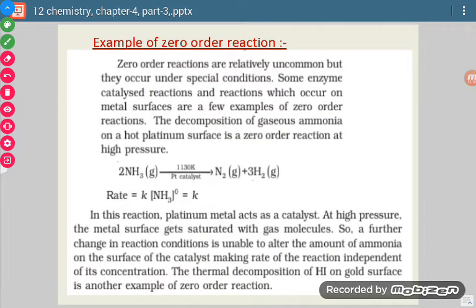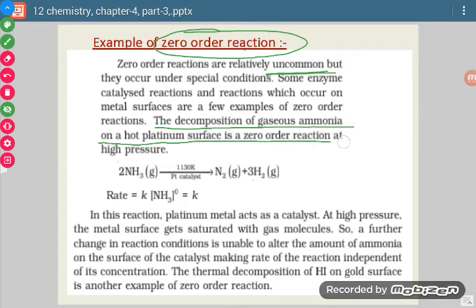Now let us take one example of a zero order reaction. Zero order reactions are rare, or we can say very few reactions are there. It is not a common thing, it is uncommon normally. Let us take one example, the decomposition of gaseous ammonia on a hot platinum surface.